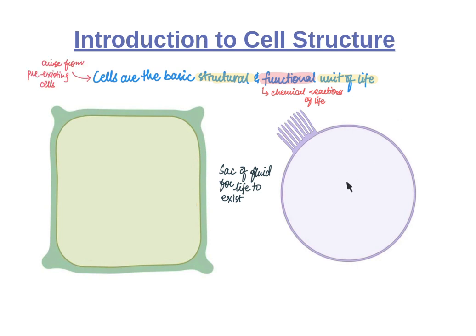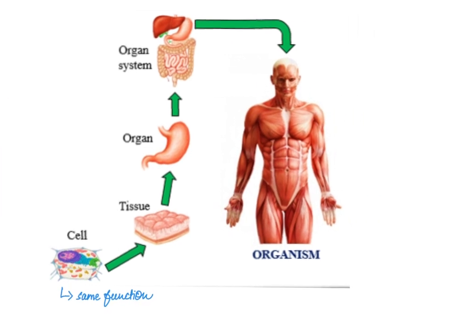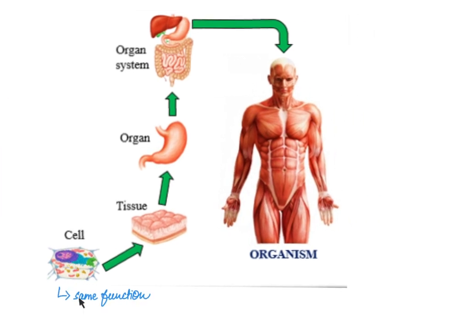These cells can behave as the building blocks of life because many such cells can come together to give rise to different types of tissues. Each cell will be performing a different function, and cells that are performing the same function can come together to form a single type of tissue. Many different types of tissues can then come together to form a single organ.